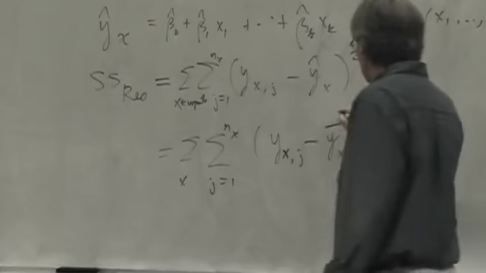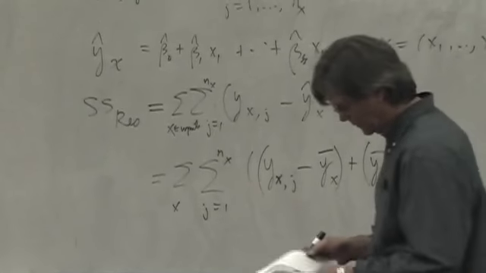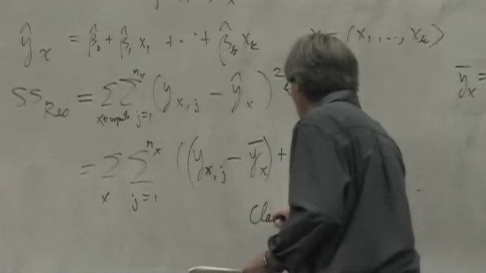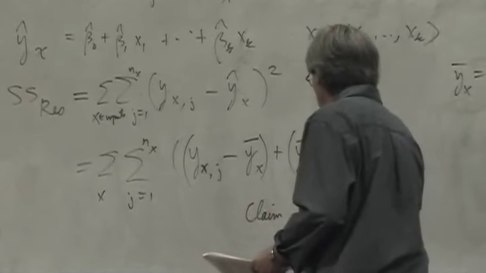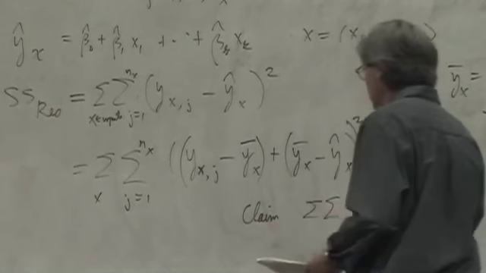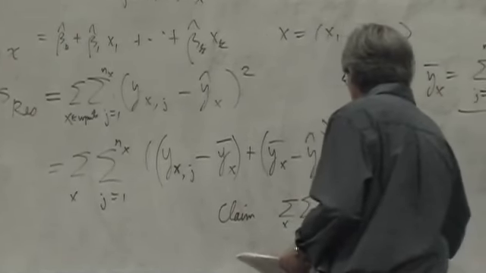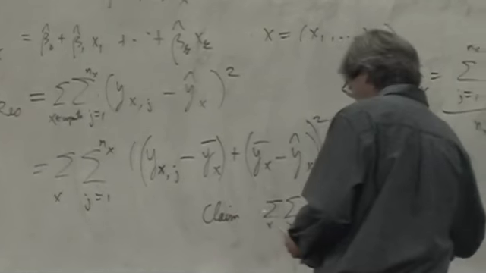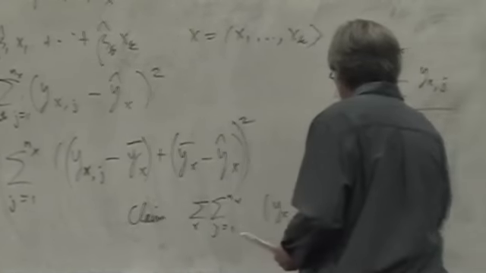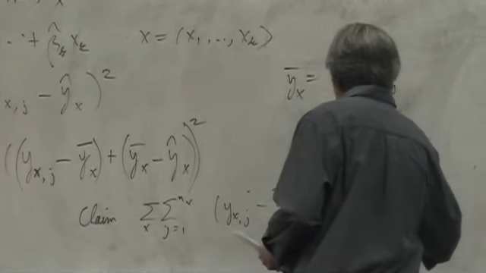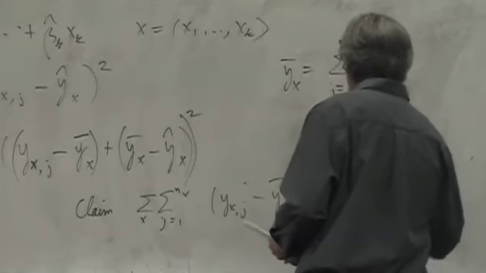Now I'm going to expand this square and see what I get. I claim the following. Note, claim: the double sum of the cross product term, y xj minus y bar sub x, times y bar sub x minus y hat sub x, I claim this double sum is equal to 0.